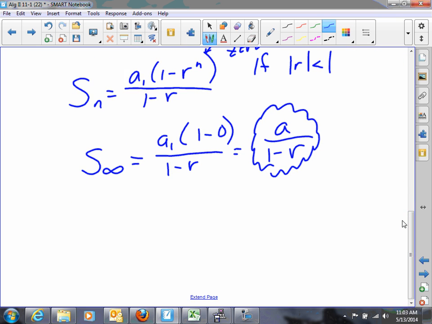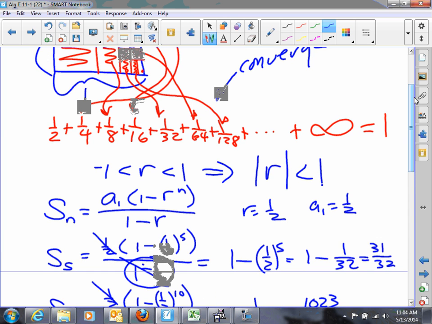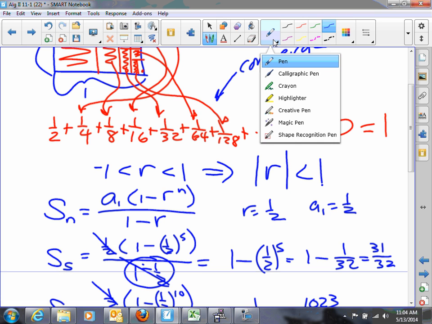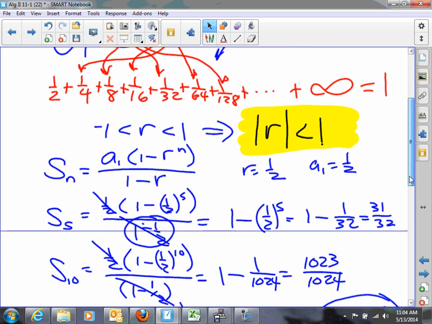Now, let me just say to you, it is extremely important that you make sure that you run this through the test. In other words, this part right here must be true, or that formula is not going to work. In fact, you'll get nonsense, and you need to be careful about that.